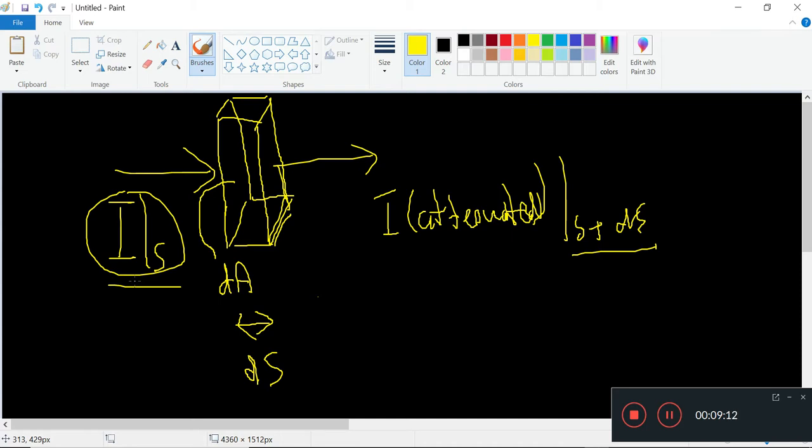Of course, if you have more radiation coming in, you have more radiation to lose. That should kind of make sense.